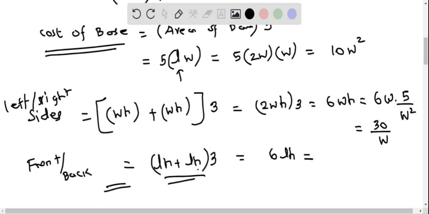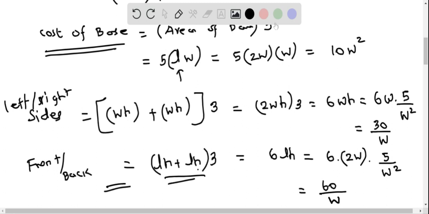We replace both length and height in terms of W. We know that length is twice the width, so I replace 2W for L, and H is 5 by W square. When we simplify this, 5 times 2 is 10, 10 times 6 is 60 by W, and W square gets cancelled, leaving only W in the denominator.